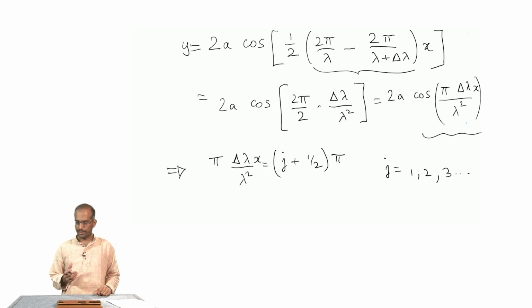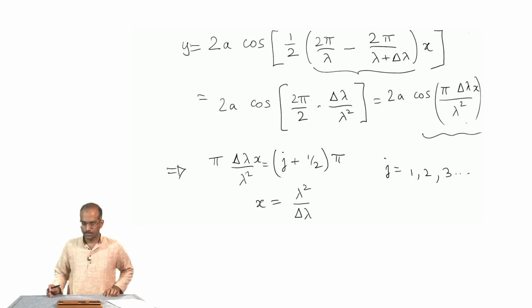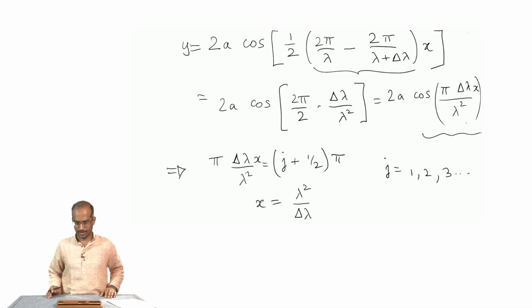I just wanted to find out the value of x between two such integers, and if you do that, it is very simple. I will get this relation that x is equal to lambda square by delta lambda. All it tells me is that the distance between two successive zeros is x, and that is equal to lambda square by delta lambda.